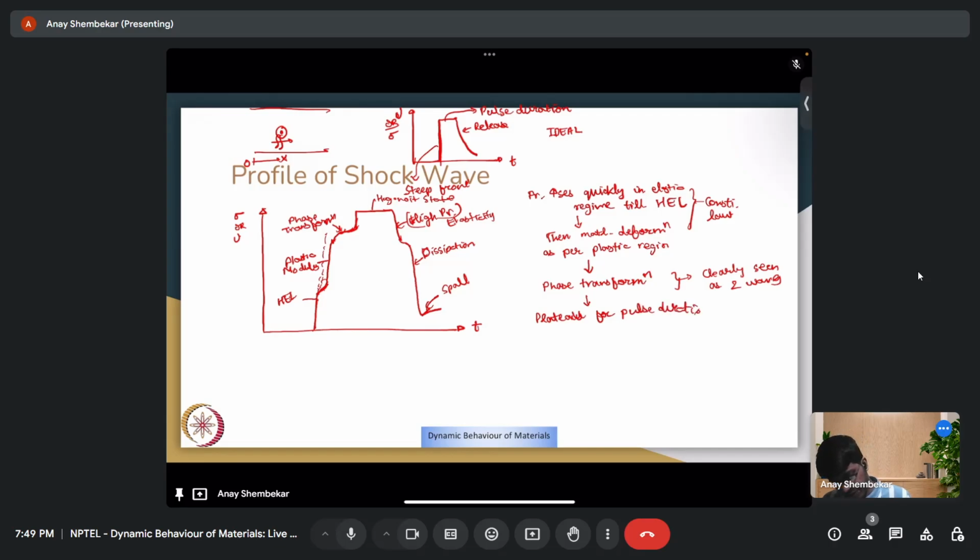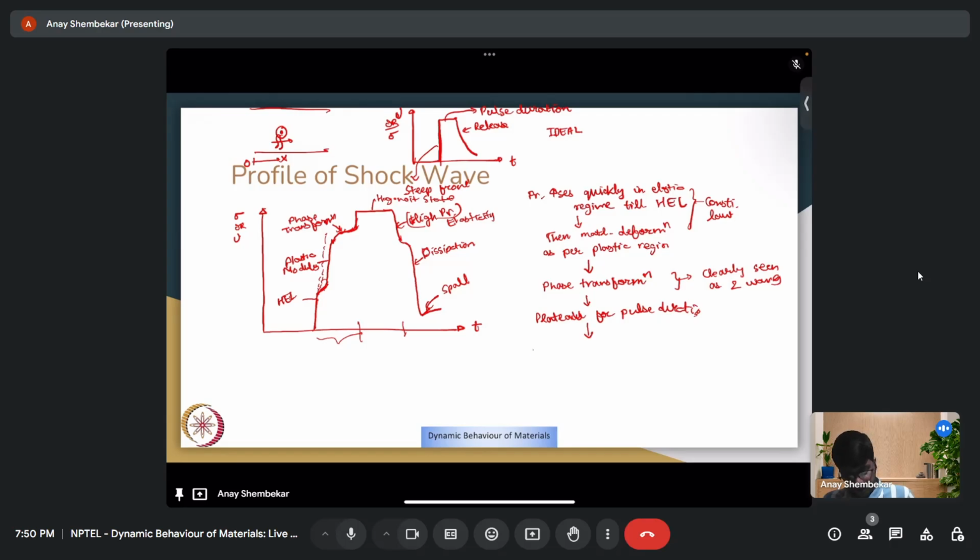Actually, this figure on the left is a bit misleading. This whole thing happens very quickly. Then you would normally have a pulse duration which is sufficiently larger than the loading part that I have shown. I've shown them to be equal, but that may not be the case.